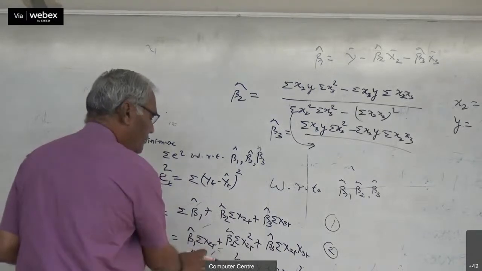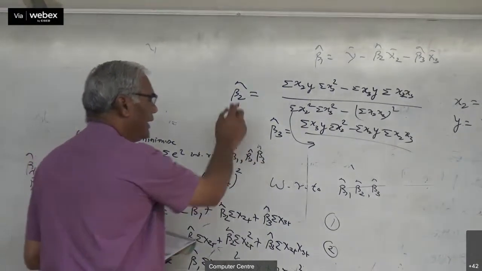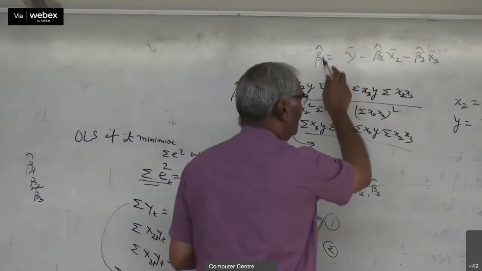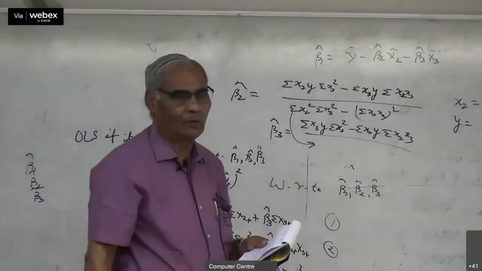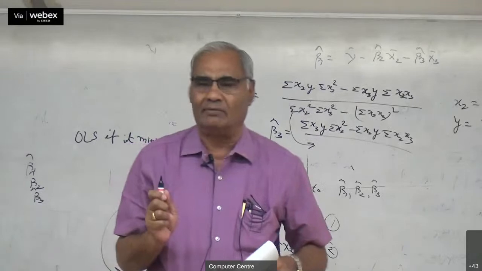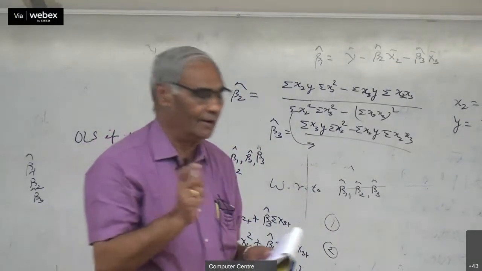So, three normal equations. If you solve these three normal equations, you will get the values of beta 2, beta 3. Substitute beta 2, beta 3 here, you will get beta 1. The first part of any exercise is to estimate the values of beta 2, beta 3, beta 1.